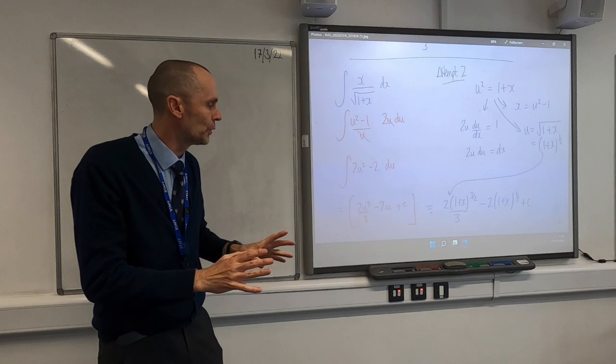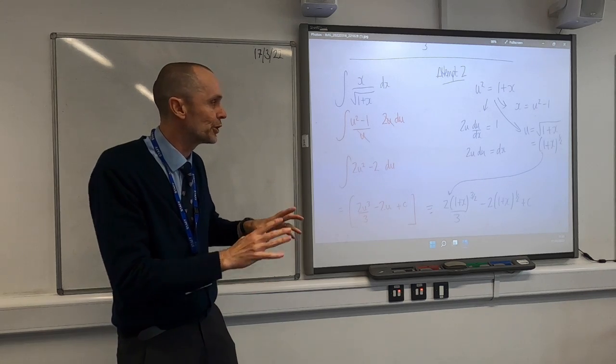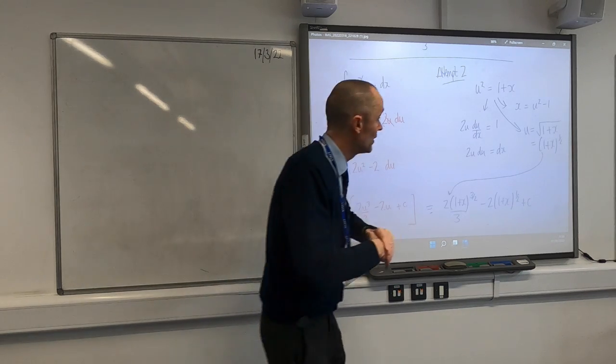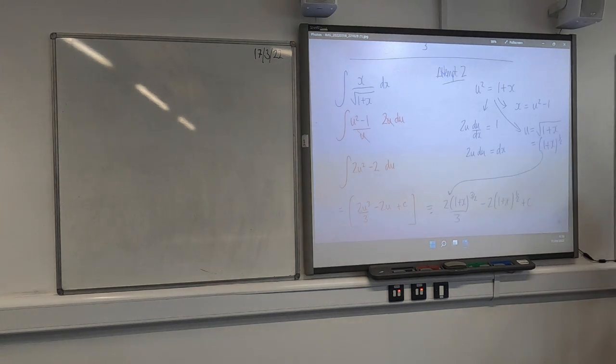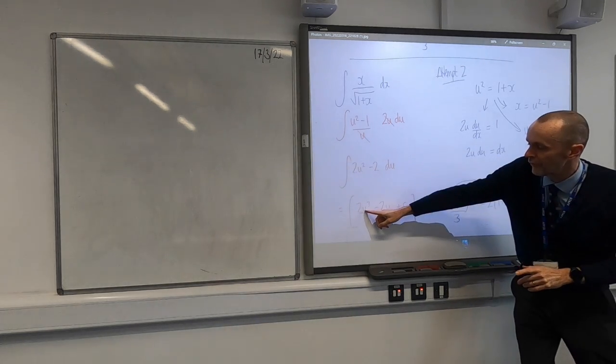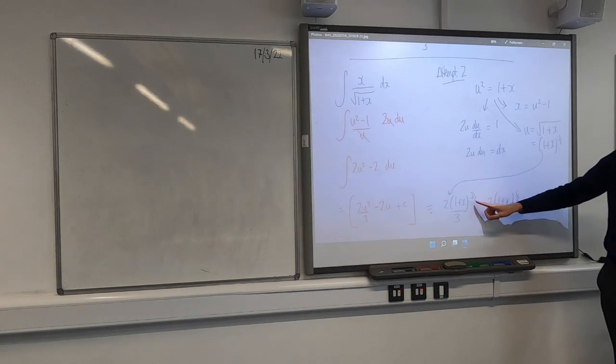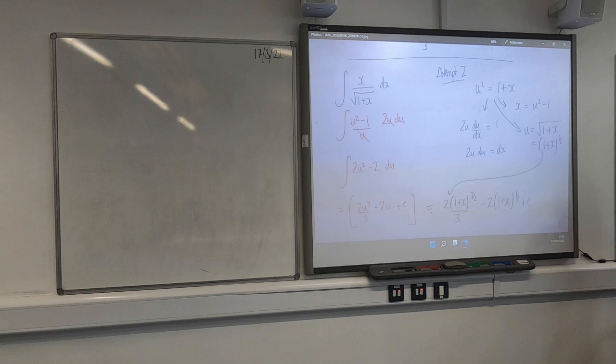And at this point it looks like you're going to get a different answer, but of course u is different now. So if u squared is that, then u is that, 1 plus x to the power of a half. So if I do 1 plus x to the power of a half cubed, I get that, and I get that, which was the same as the answer I had got previously.